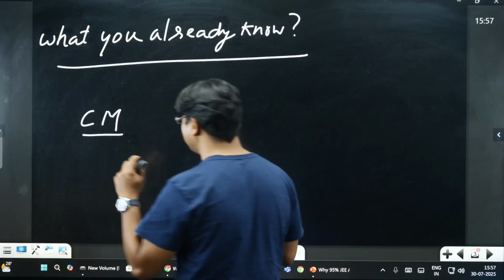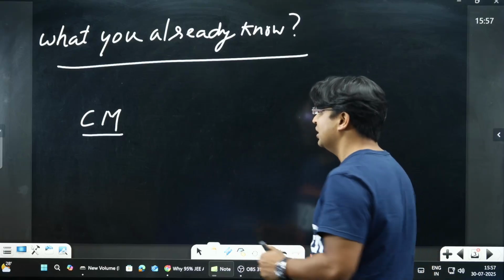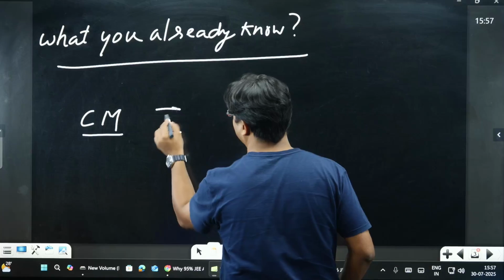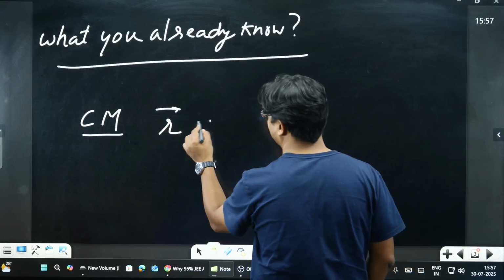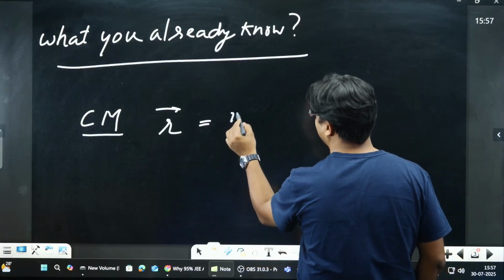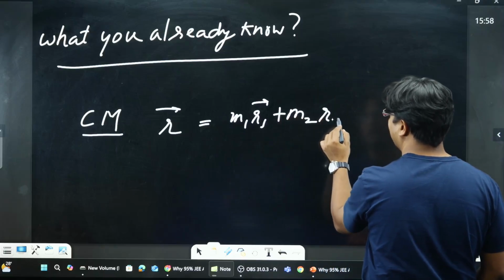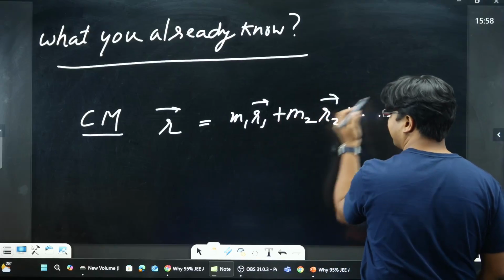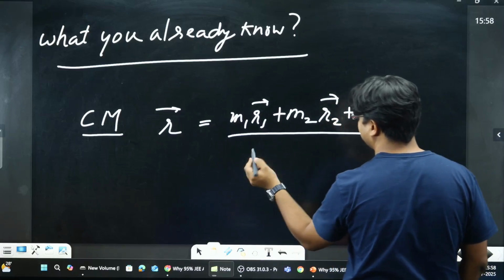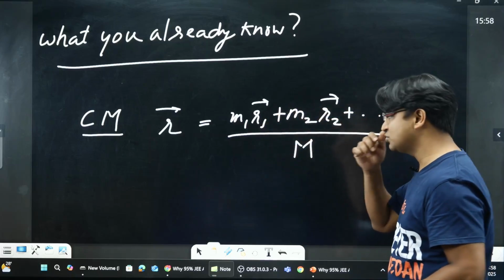Again, I'm not going into specifics, otherwise the length of this session will go very long. I'll just write the formula so that you can recognize what I'm talking about. The formula to find the location of center of mass was m1 r1 plus m2 r2, and so on, for whatever number of particles you have, and then you divide it by the total mass. Let me write total mass as M. So M indicates m1 plus m2 plus m3 and so on.